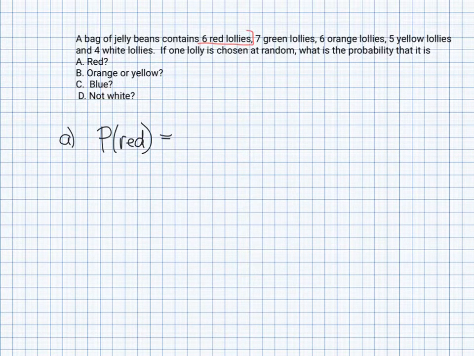We've got 6 red lollies. We don't have any other red lollies, so it's going to be the number that I want, my favourable outcomes, over the total number of outcomes. And remember, our total number of outcomes is 28. So that is my probability. It's as easy as that. And that equals, we can simplify that down to 3 over 14.